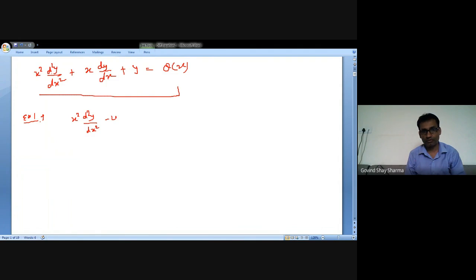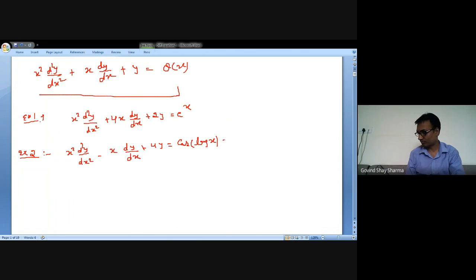The first is x squared d2y/dx2 minus 4x dy/dx plus 2y equals 1. Second, x squared d2y/dx2 minus x dy/dx plus 4y equals cos(log x) plus x sin(log x).